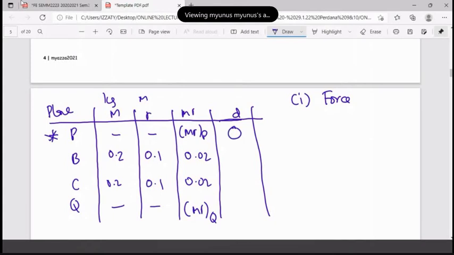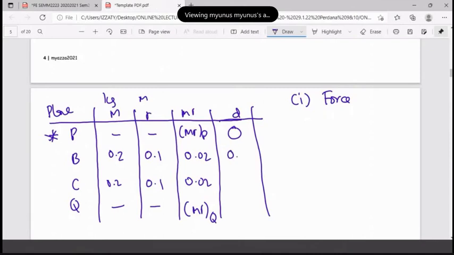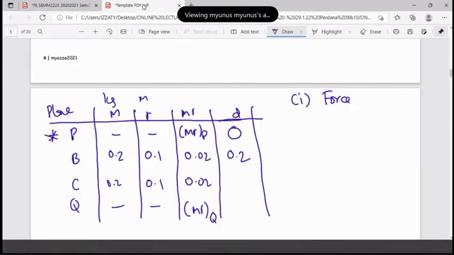Then look at B, with respect to this reference plane. B is here, 150 plus 50 becomes 200, 0.2. Then C is here, so you add another 150. 150 and 150 becomes 300, so 0.3.